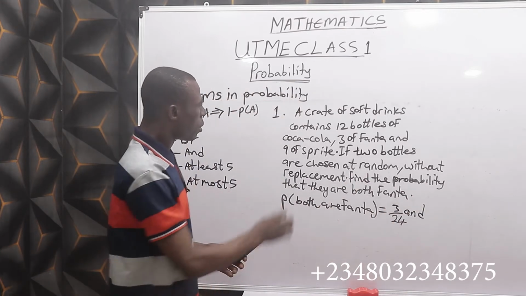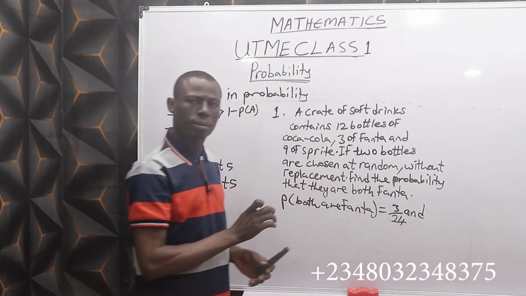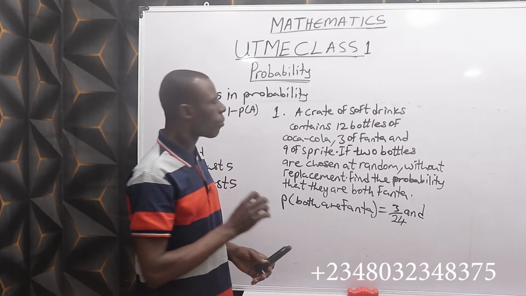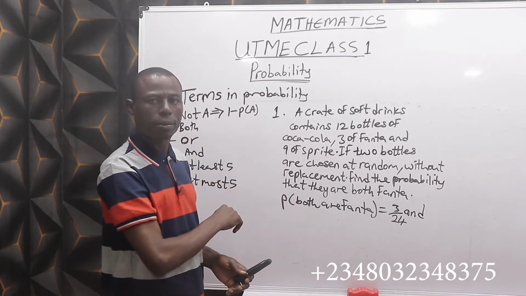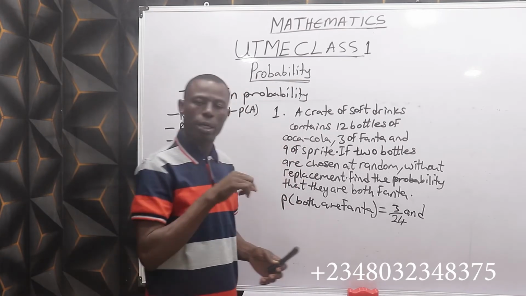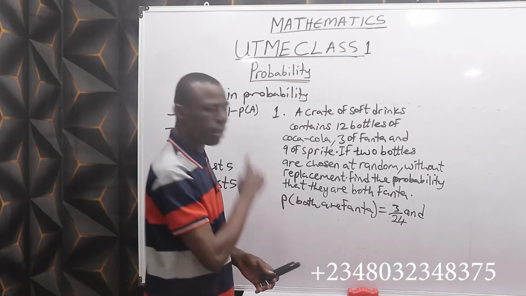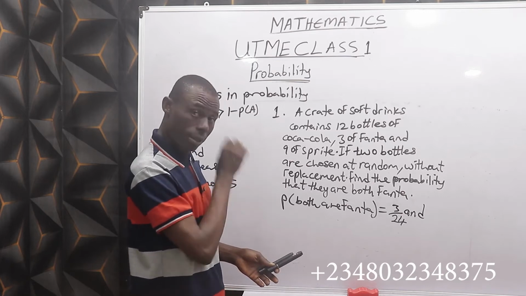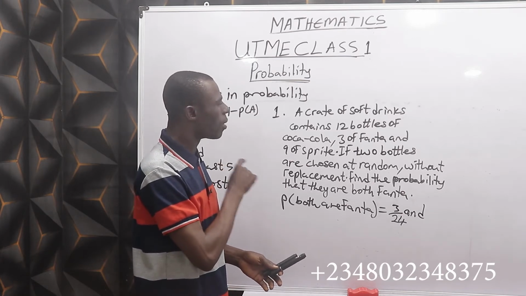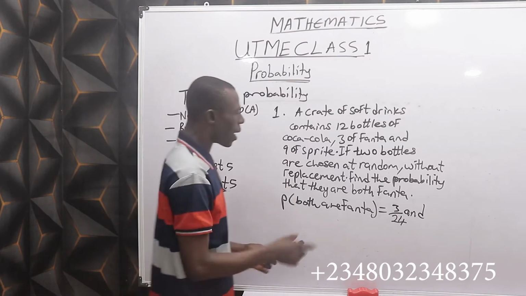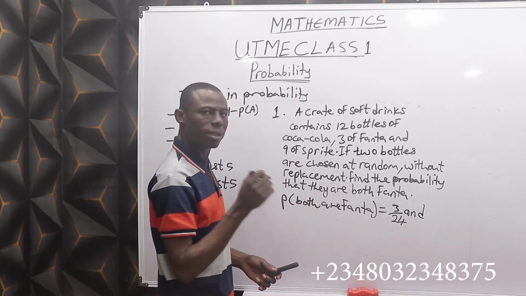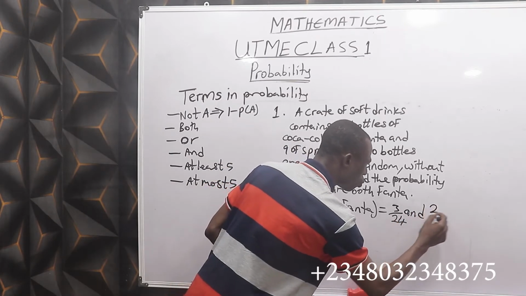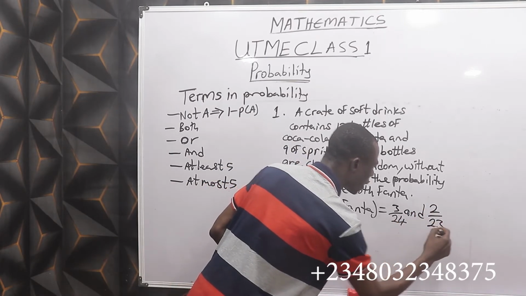How? In the group of Fanta, we have 3 Fantas. 1 has been taken away. Definitely 2 will be remaining there. In the whole crate of 24, 1 has been taken away, that same Fanta, so 23 will be remaining. That's why the second one will be 2 over 23.